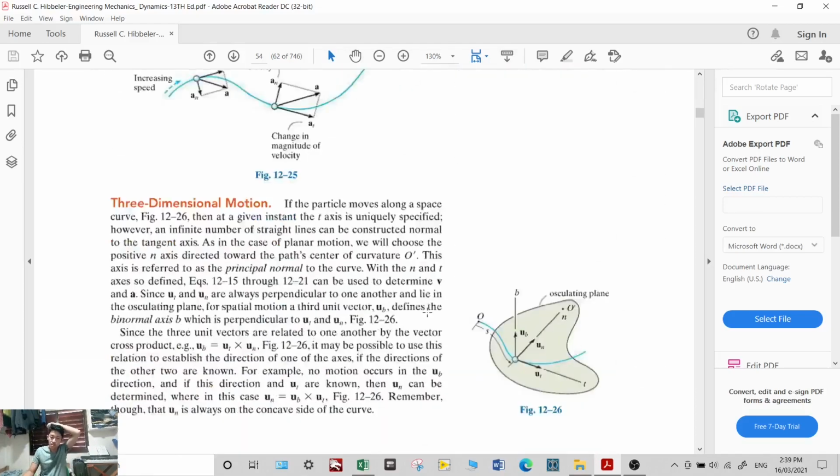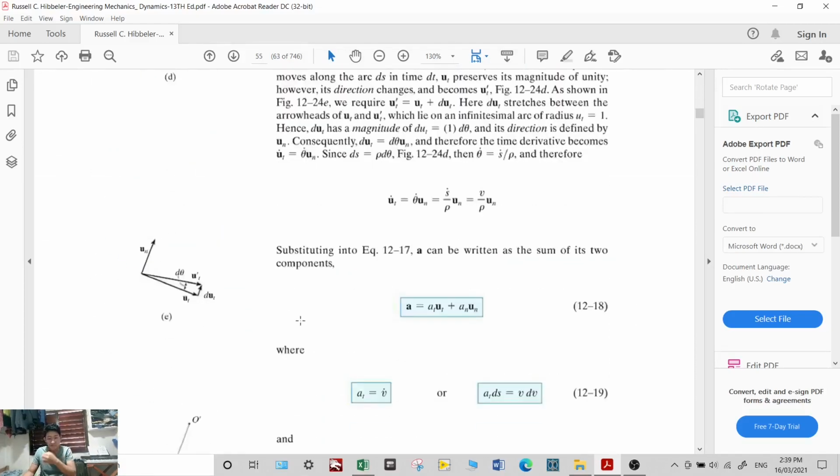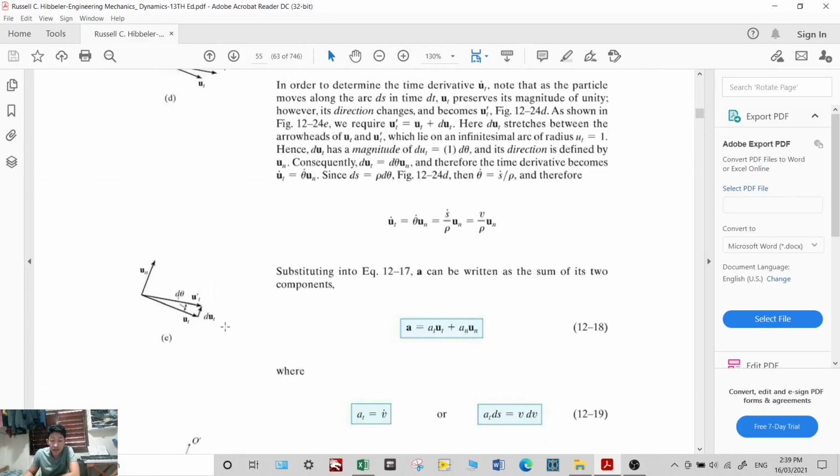In the same way, the value of du sub t is just equal to d theta times 1, because the length is 1. So it is d theta times 1, and that is the magnitude.